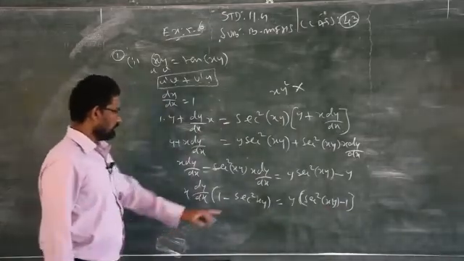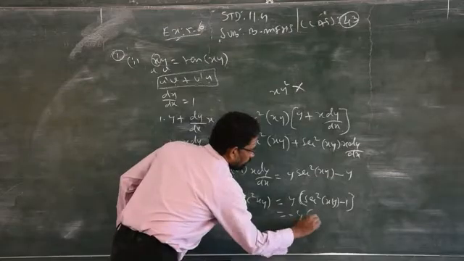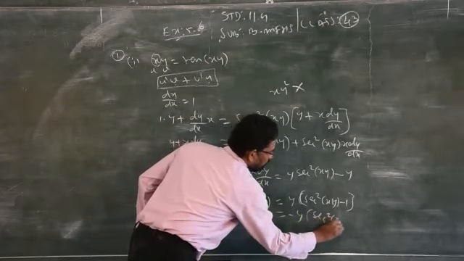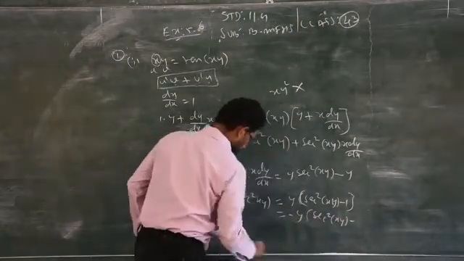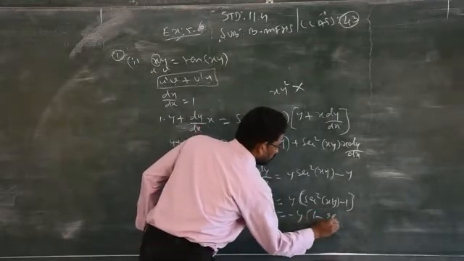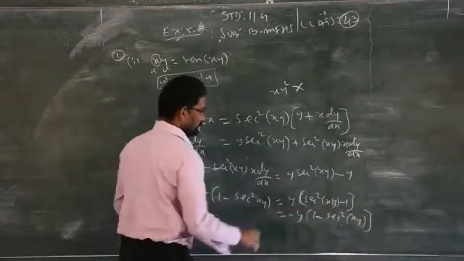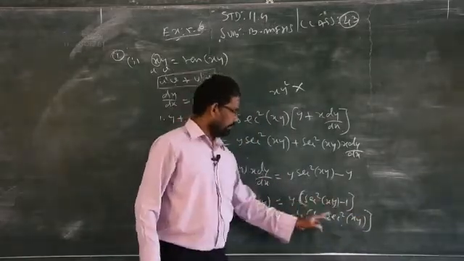You can take minus outside, you will take minus y secant square xy, that is 1 minus secant square xy. When you take minus outside, this will become plus, this will become minus.